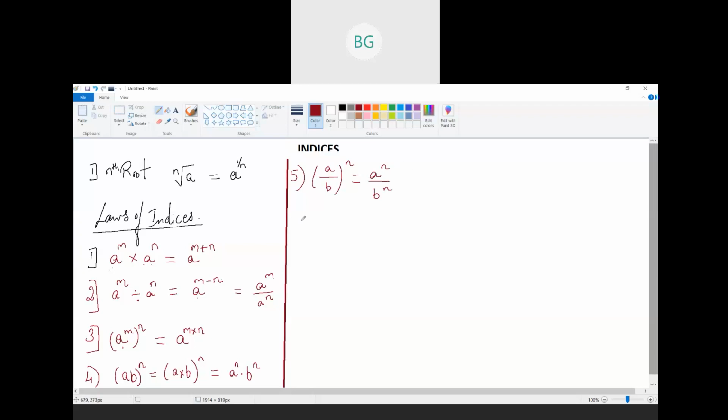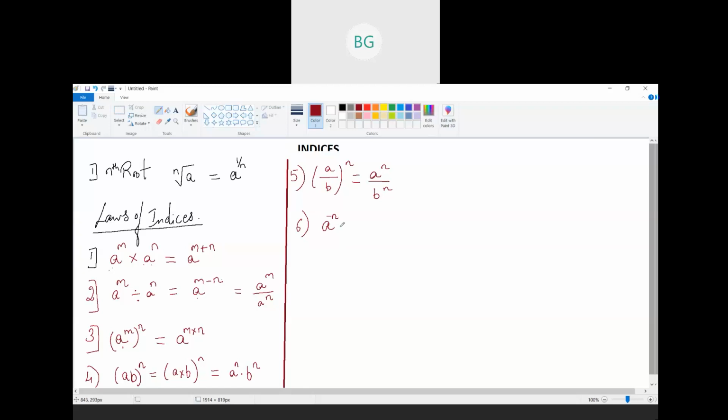Now we will see what if we have a negative power. Say I have a raised to minus n. The power here is negative. When the power is negative, we want to convert it into positive.